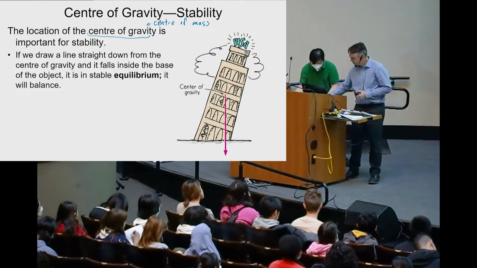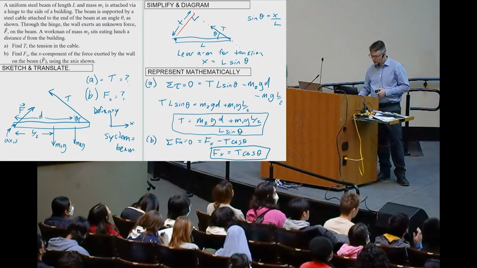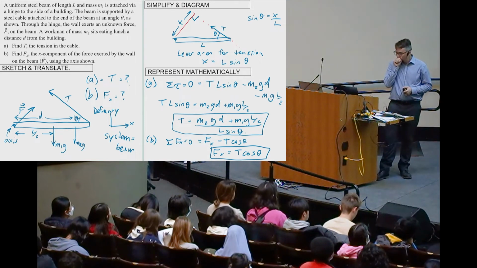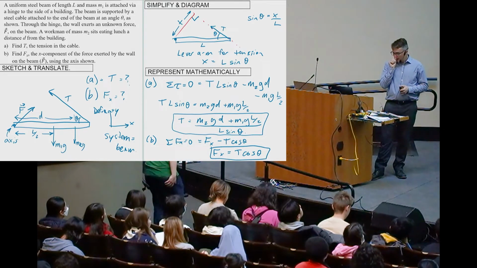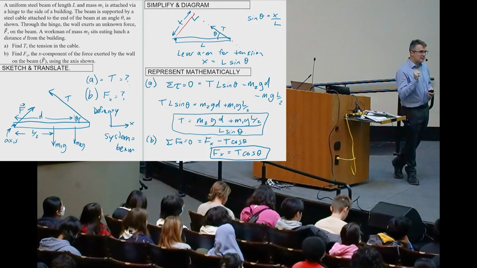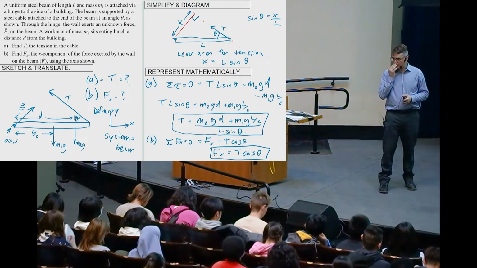That's a really good question. Why is it on an angle? Yeah, so the force on the hinge is as needed to keep it in equilibrium.